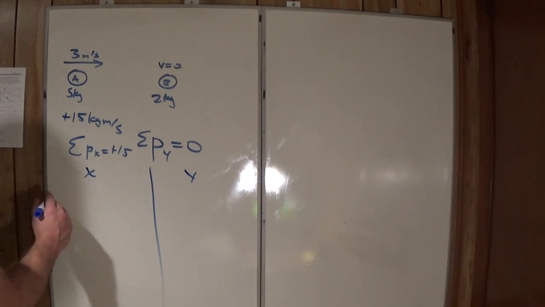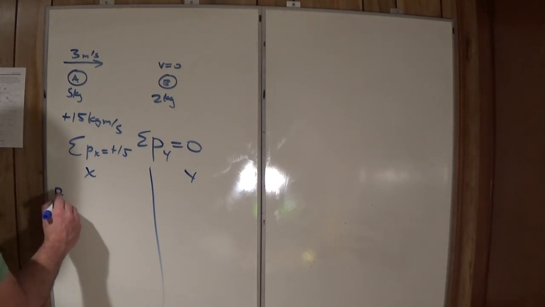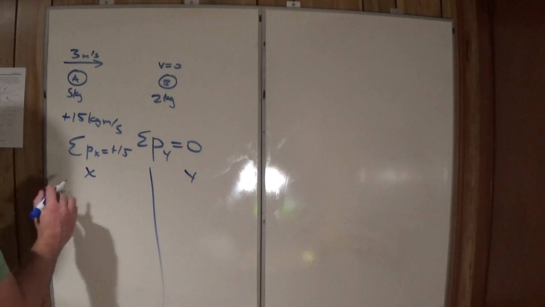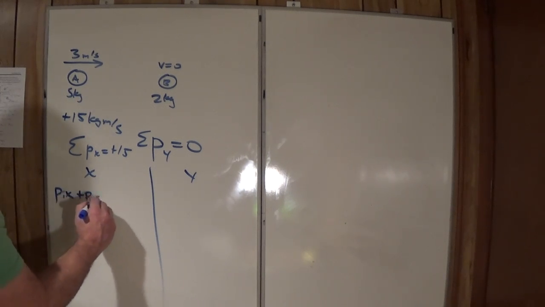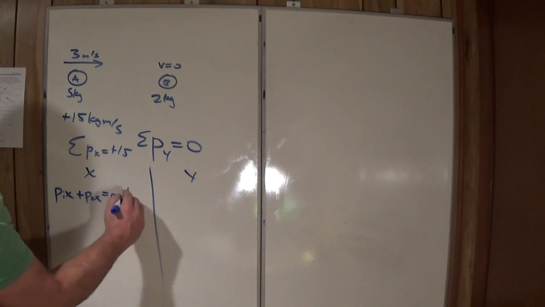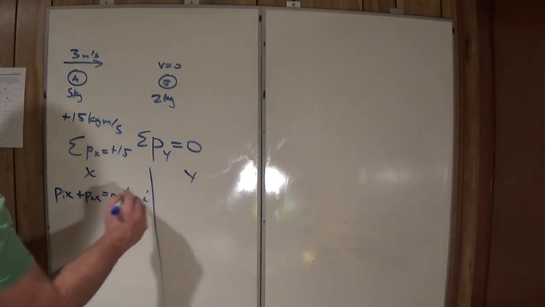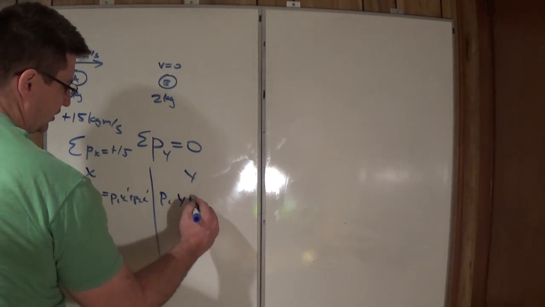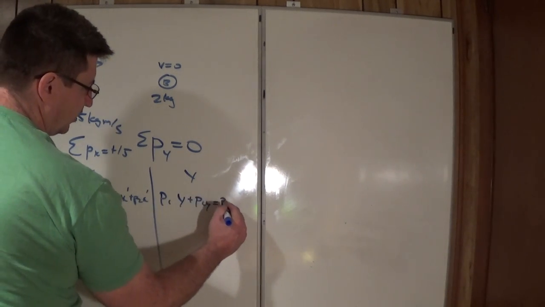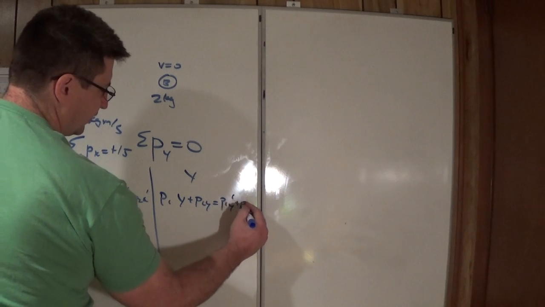So p1x plus p2x is equal to p1x prime plus p2x prime, and p1y plus p2y is equal to p1y prime plus p2y prime.